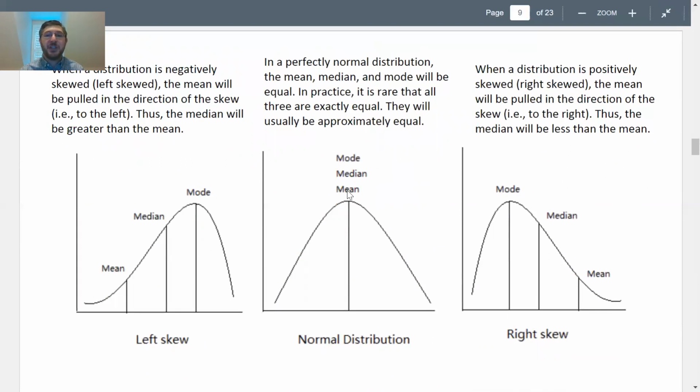If your distribution is skewed to the left, so it's negatively skewed, remember the mean is pulled in the direction of the skew, so the mean will be lower than the median. The median is going to be higher than the mean. If the distribution is positively skewed or skewed to the right, it's pointing over here to the right, the mean, remember, is pulled in the direction of the skew, so the mean will be greater than the median. And the mode is always going to be the most frequent occurrence.